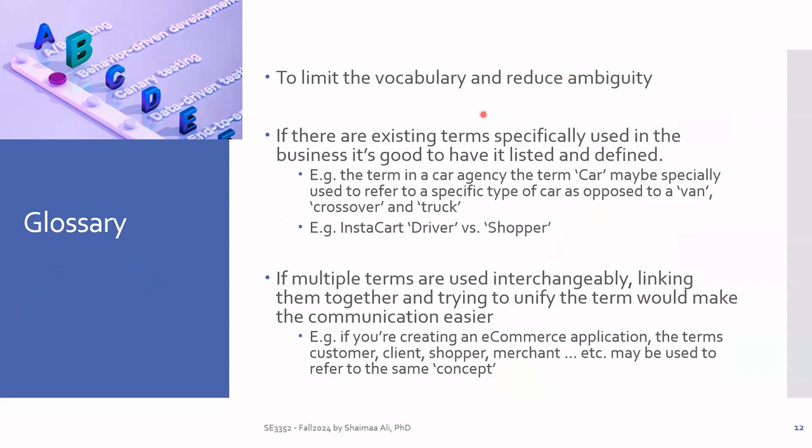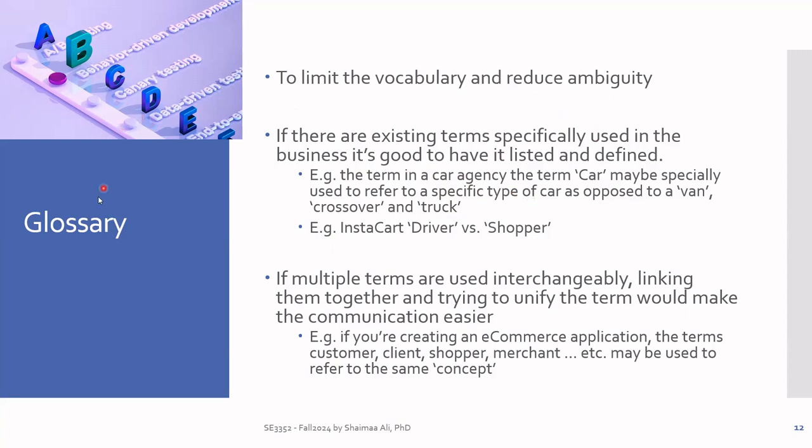For example, the term car by itself can be an ambiguous term. But if you're working for a car agency, now the term car can have a particular meaning for them as opposed to the term van or crossover or truck. So when you use that particular definition of the term, you reduce the ambiguity.